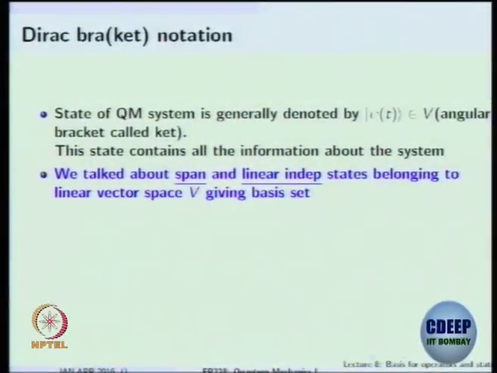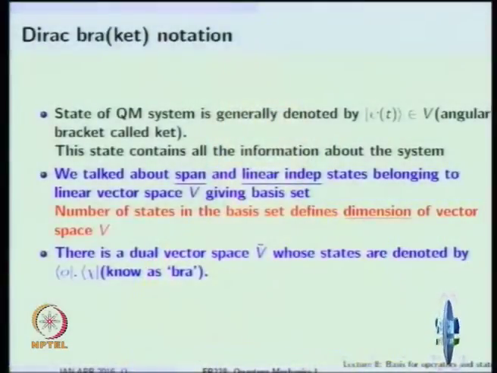And we talked about span: states can span the space, and you should also make them linearly independent. If you have states that both span the space and are linearly independent, that collection is what you call a basis set for the vector space, and the number of states in the basis set defines the dimension of the vector space.